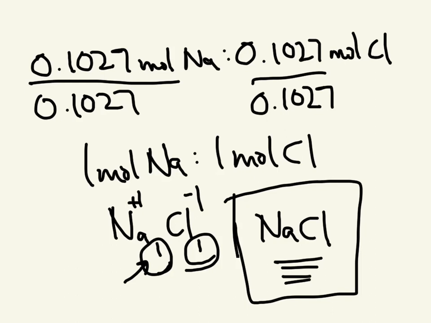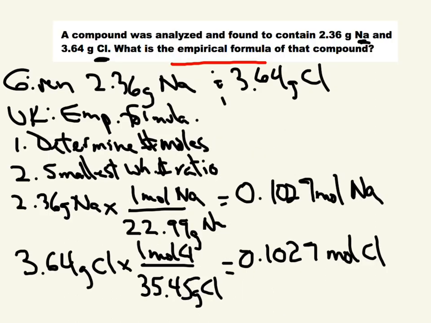Now think, if you were given instead the percent composition, you would just add one more step here. With a percent composition value, you would just have to convert that percent composition to number of grams. You should have an idea how to do that.